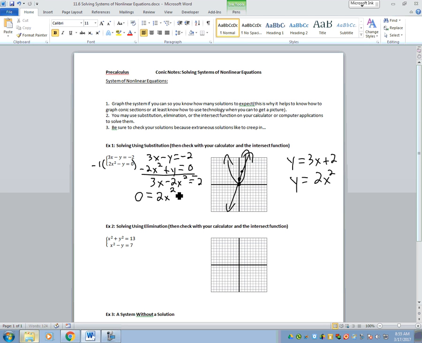Positive 2x squared minus 3x, and the negative 2 remains negative 2. So I'm moving everything over to the right. And this is your specialty as advanced algebra 2 students, solving quadratics, right? On the left it was negative, I've moved it over to the right. I've added it over.